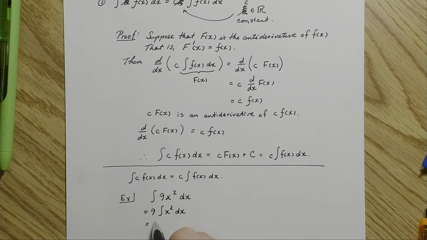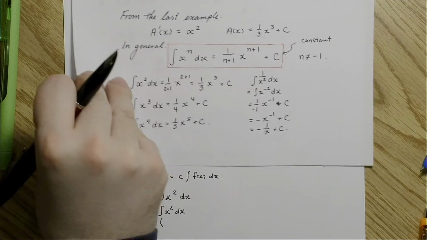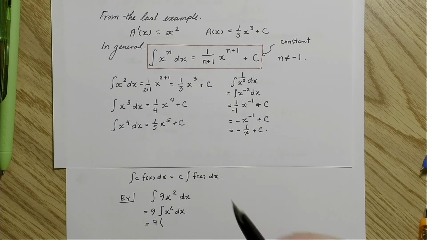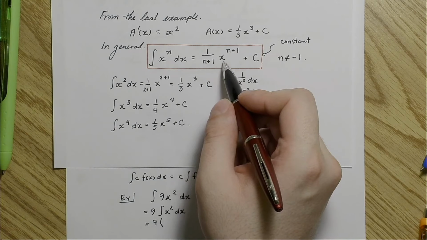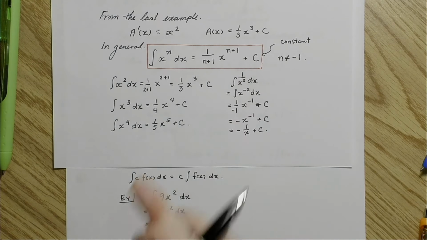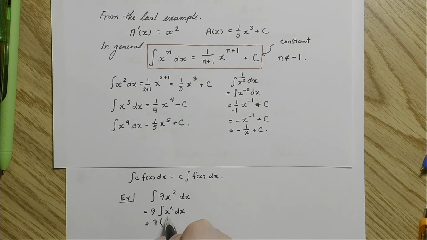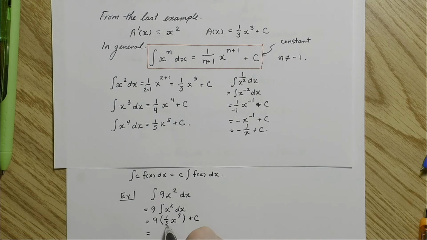And now I can integrate this just as I had previously, using my rule here. The integral of x to the n is equal to 1 over n plus 1, x to the n plus 1. I've already done that here, but it's x to the third. It goes up by 1, and then 3 in the denominator, plus c. But 9 divided by 3 is 3, so 3x cubed plus c.